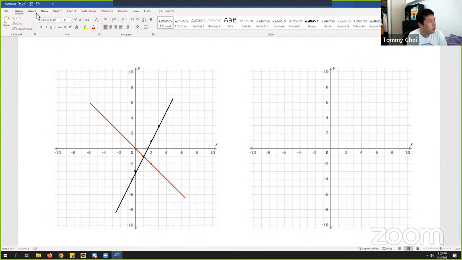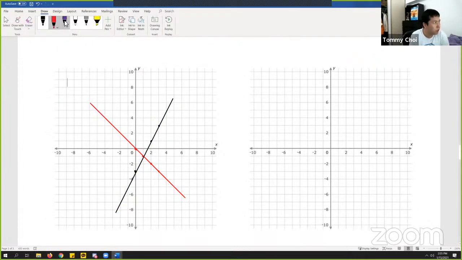And we can clearly see the point of intersection here. The point of intersection is right here on that purple dot. Can someone tell me what the point of intersection is? 1, negative 1, making sure that you're writing it in brackets with the comma, right? So 1, negative 1, correct.